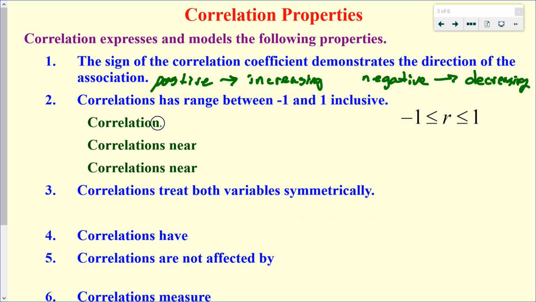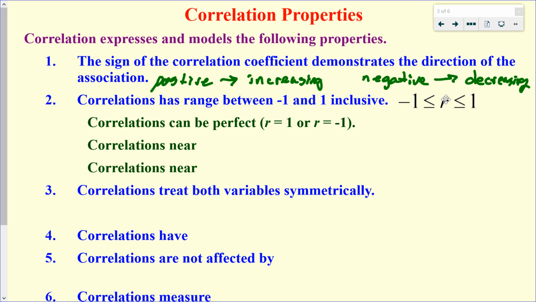Correlations can be perfect. It means R can be 1, R can be -1. They can be perfect. Not going to see that often in real world scenarios. That would mean everything lines up perfectly. Probably your exposure early on, they were much more perfect when we were doing it before. Real world, you normally don't see it.